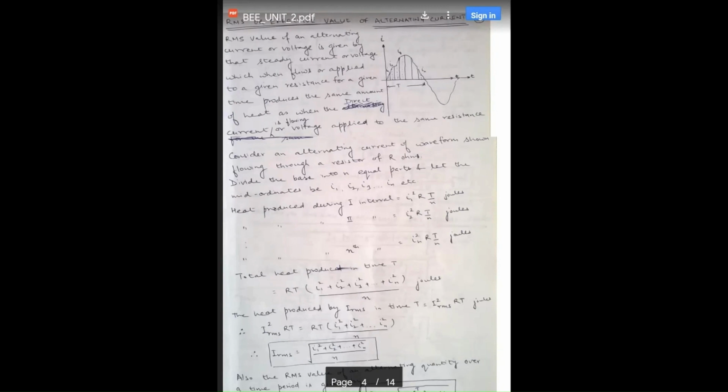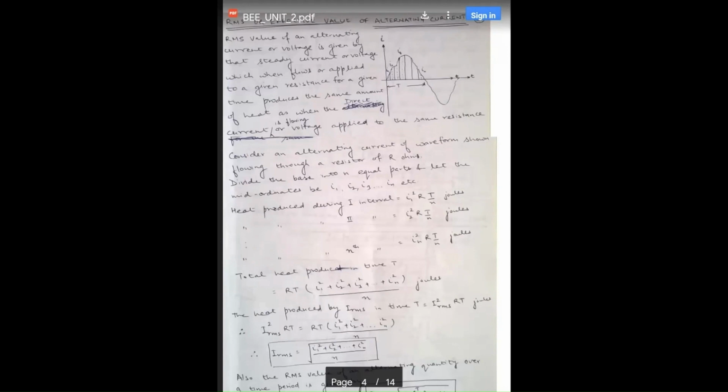Okay, so every alternating current can be plotted as a curve only if it is defined as a function.